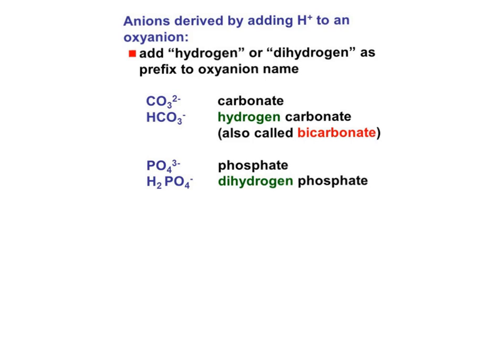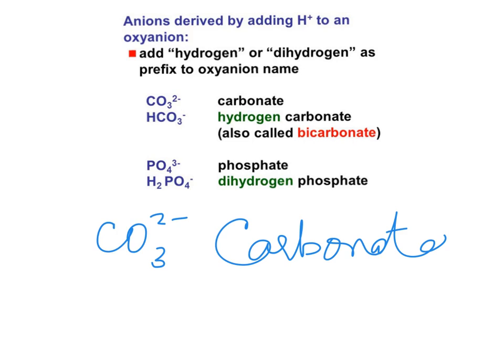Alright, just one last thing. Sometimes you have oxyanions that have hydrogens attached to them. You have, for example, carbonate here, and somebody may ask, what is HCO3 -? It's very simple again. We know CO3 2- is carbonate, which you've memorized before. Now please note that if you add an H+ to it, the 2- and the H+ balance each other to give you a net of -1.